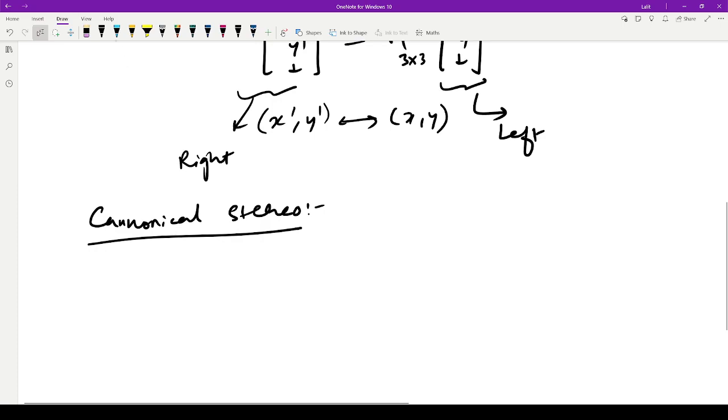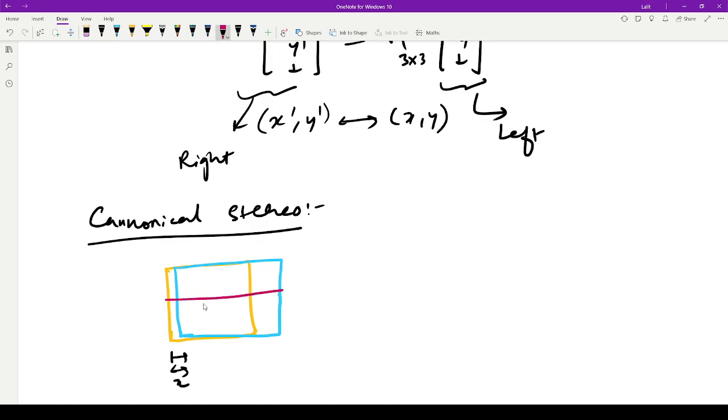You have one image, and the second image you just move slightly in the x-axis. If you consider this as the x-axis, this is the effective movement. Once you know that the effective movement is really small, and since you're moving only in the x-axis, your correspondences will lie only on the same row, so you search only on the same row.